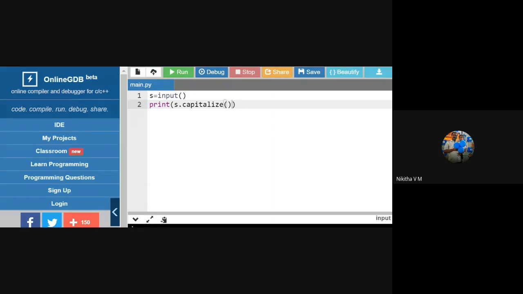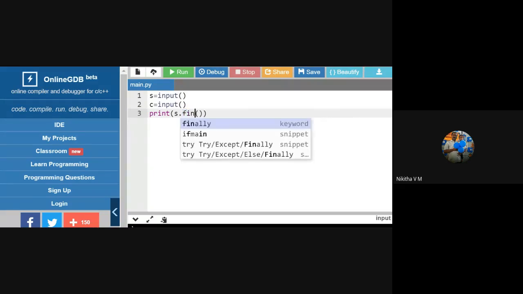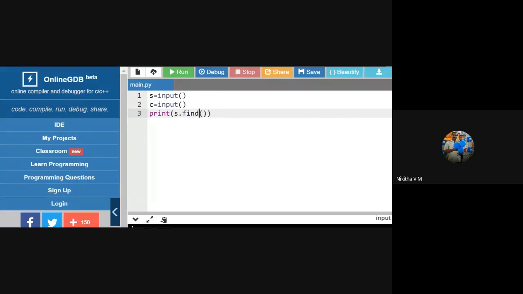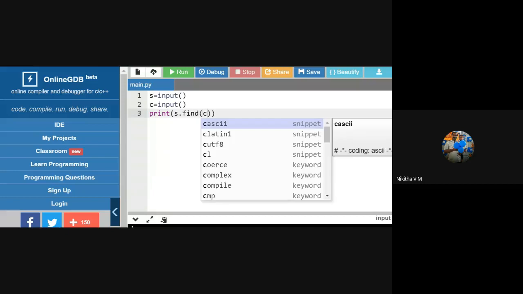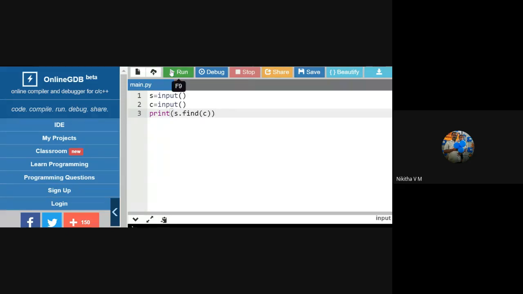String dot find. Okay. For find also, let us take an input. Character input of. So here s dot find of C. Right? Let's execute this.